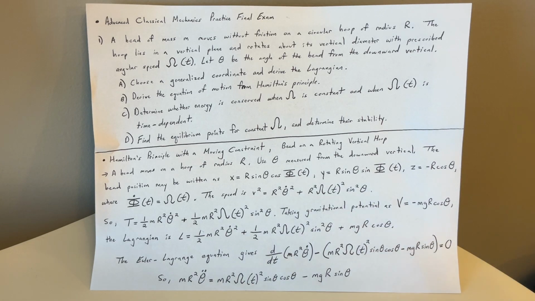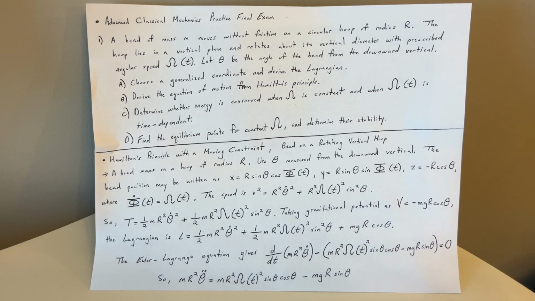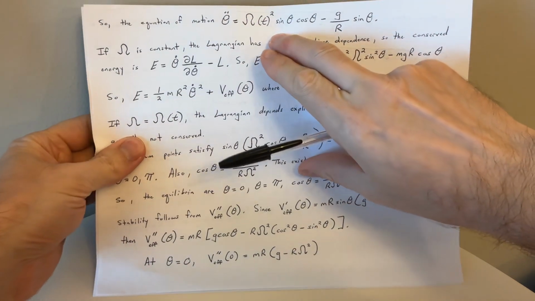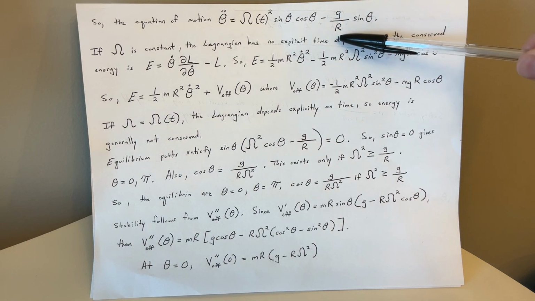So m r squared theta double dot equals m r squared Omega of t squared sine theta cosine theta minus mgr sine theta. Now, building on that, the equation of motion is theta double dot equals Omega of t squared sine theta cosine theta minus g over r sine theta.